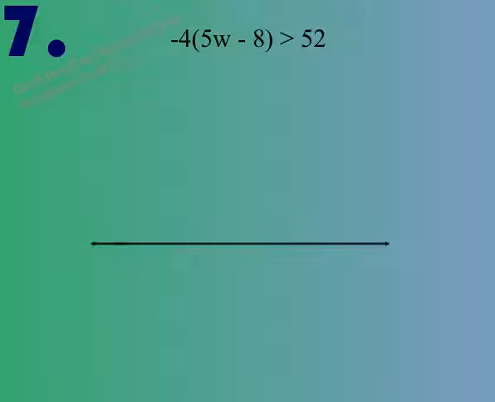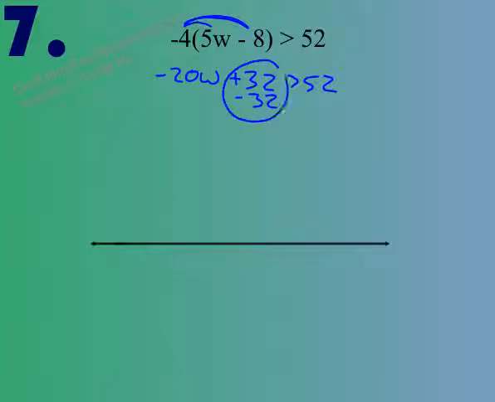So let's see what this looks like. Right now, I would say negative 4 times 5 is negative 20w. Negative 4 times the negative 8 is going to be a positive 32. It's greater than 52. If I subtract 32, you're going to have negative 20w is greater than 20.